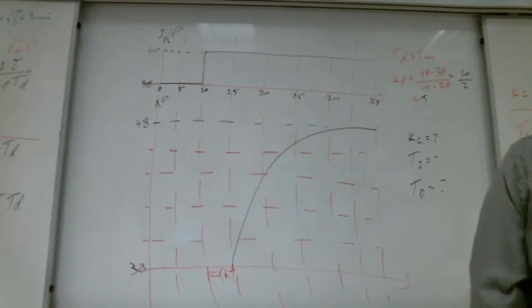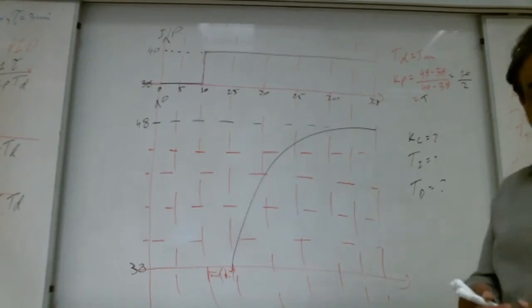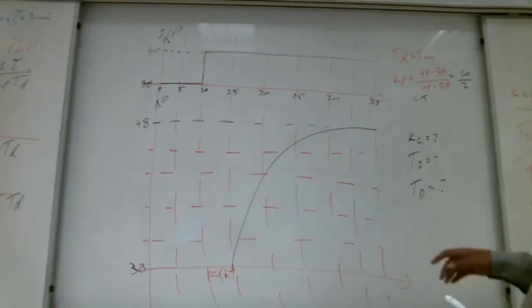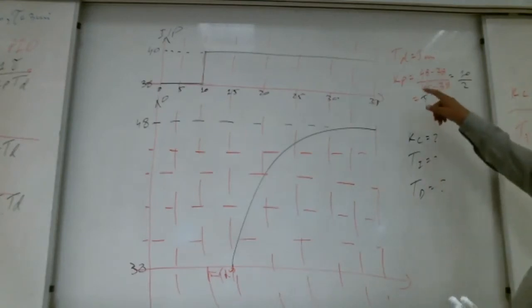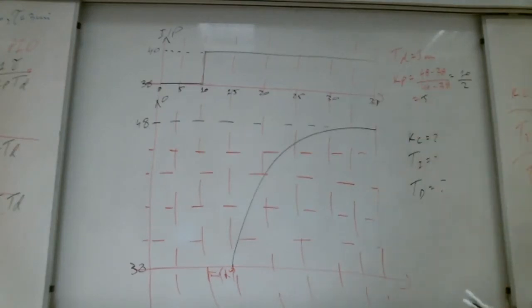Now what is left to find? The time constant. Tau is still there. So what is the first step for tau?